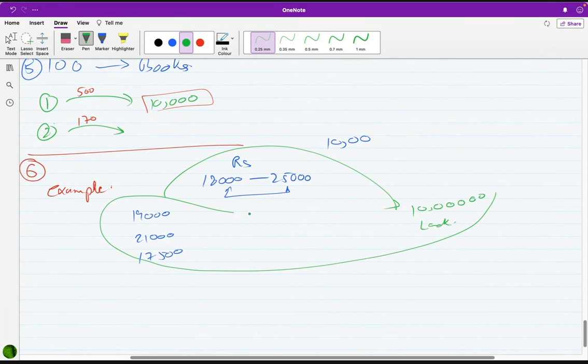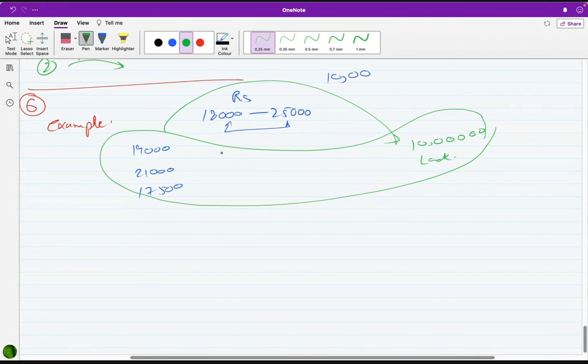Now, if I go back home and collect this data and calculate the average, 25 plus 18 divided by 2, on average it is 21,500 for the workers, and it is 10 lakh for the manager. And the total number of people is now 1,001.